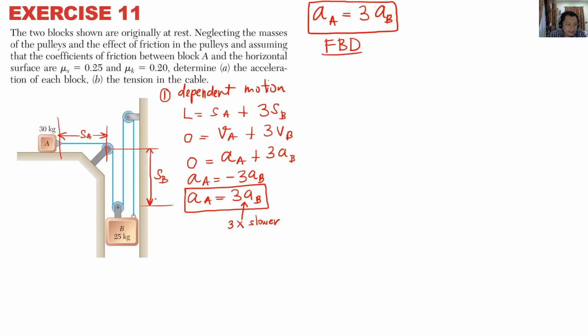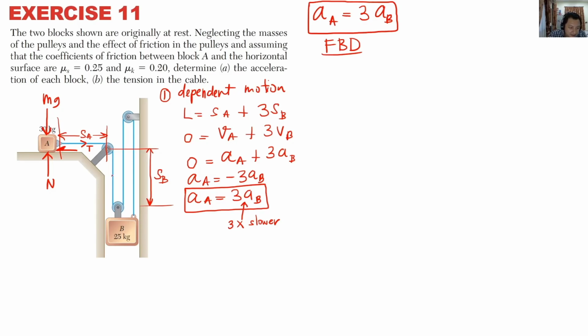Free body diagram, you have to look at A. A is actually going down. Okay, so you've got mg, you've got normal, and you also have friction. And for this one, you even have tension.